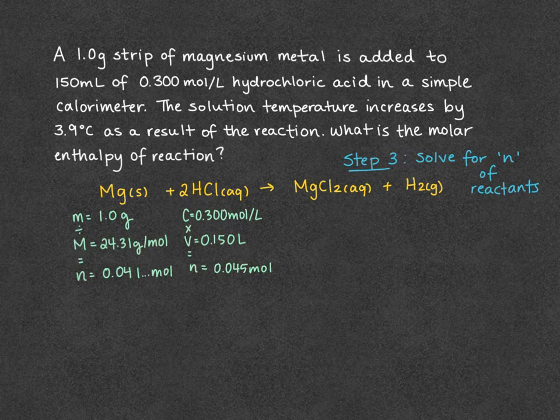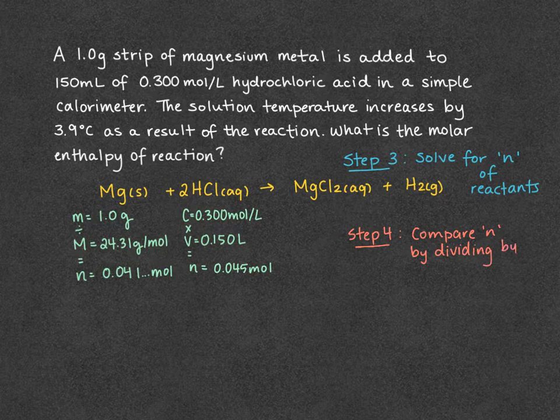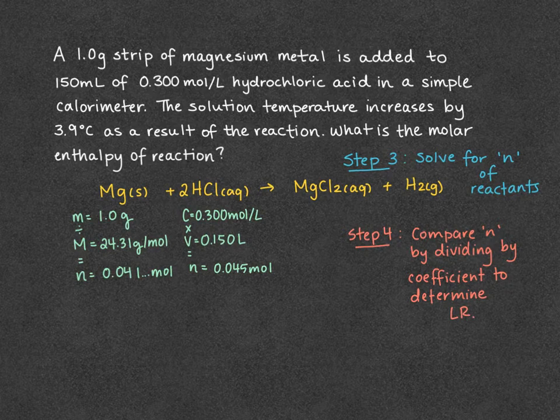The way to compare the number of moles is to divide by the coefficient for each reactant. So we're going to take the numbers that we currently have and divide by the respective coefficients.